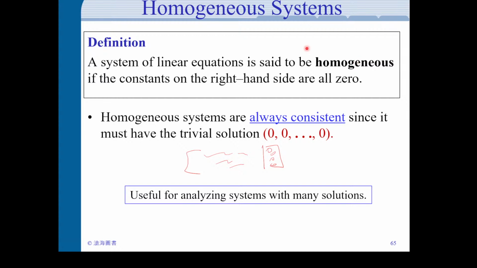A homogeneous system is nice because it is always consistent: you can just put x being 0, and it will be a solution to the system, because the right hand side of every equation is 0. We like homogeneous systems because in later parts of the course, you will see that you can use a homogeneous system to analyze systems that have many solutions.